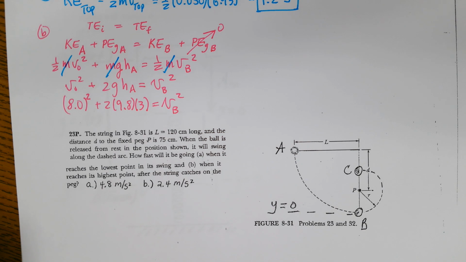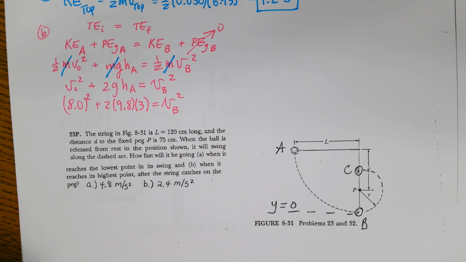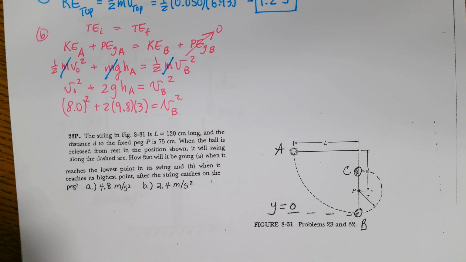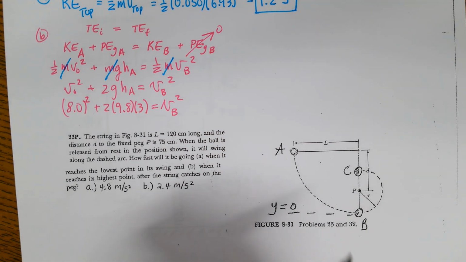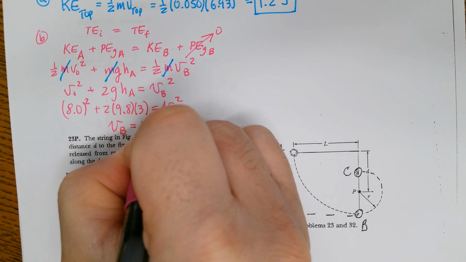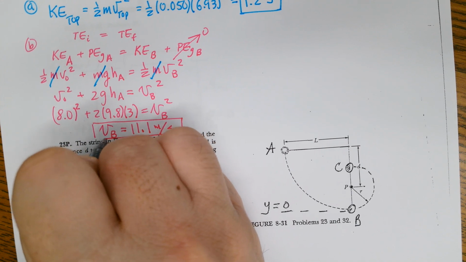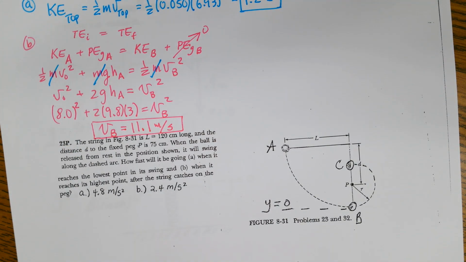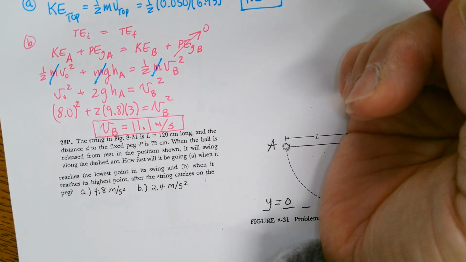So you get 2 times 9.8 times 3 plus 64. So square root of that, and I get vB is equal to 11.1 meters per second. All right, I guess with correct sig figs it's just 11, but I'm not worried about that.